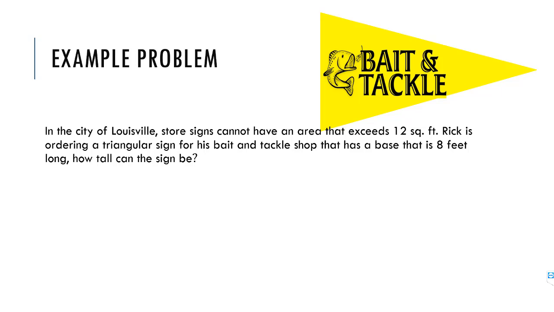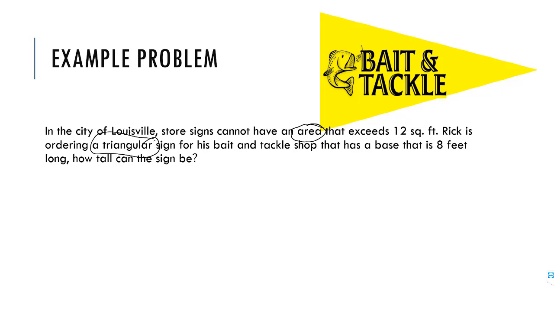All right, let's focus on some important parts of this word problem. First of all, it says the store signs cannot have an area that exceeds 12 square feet. So we know we're going to be using a formula for area of a triangle. It's a triangular sign.